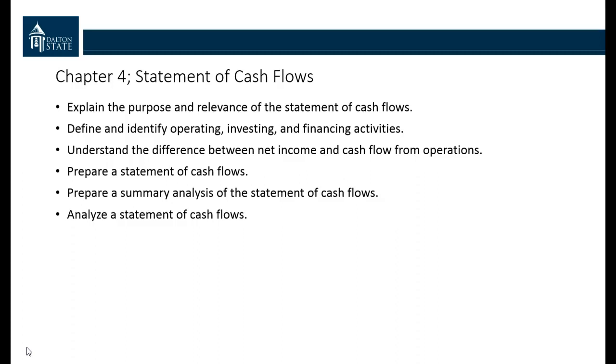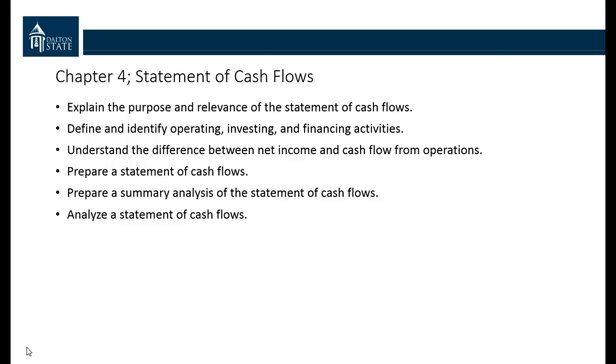There is also an appendix that covers the statement of cash flows, the direct method. The chapter talks mostly about the indirect method. The indirect method essentially starts with net income and then adjusts net income to come up with cash inflow or outflow from operations. The direct method looks at the differences between the balance sheet items and derives the net cash inflow or outflow from operating activities.